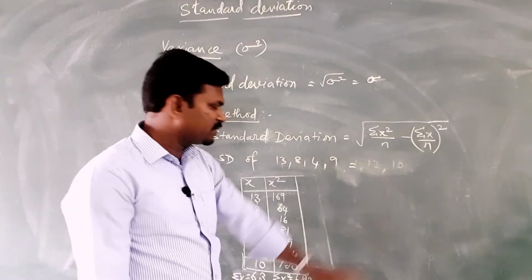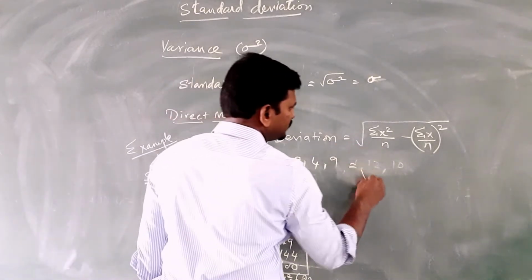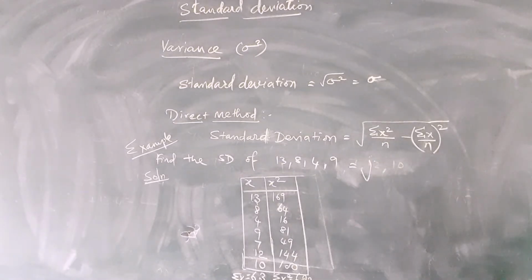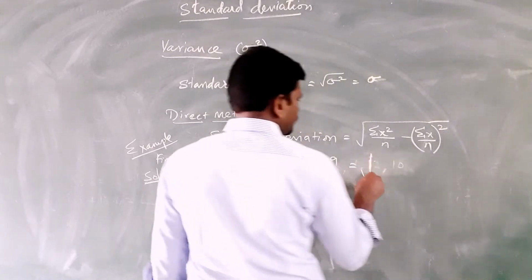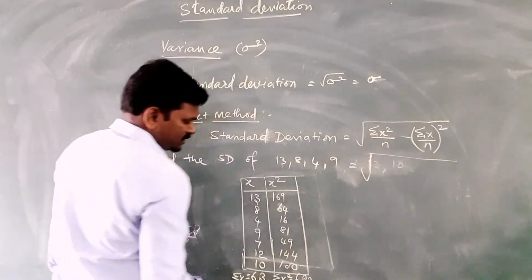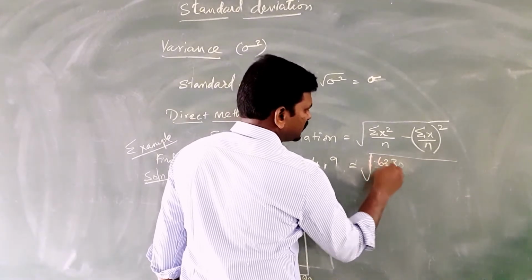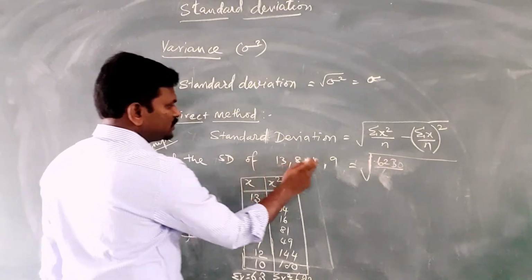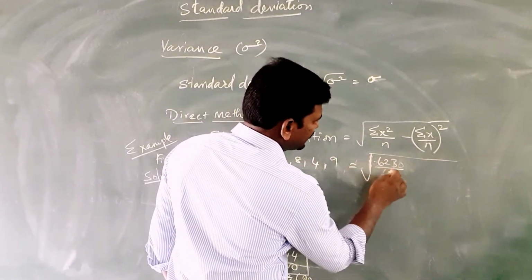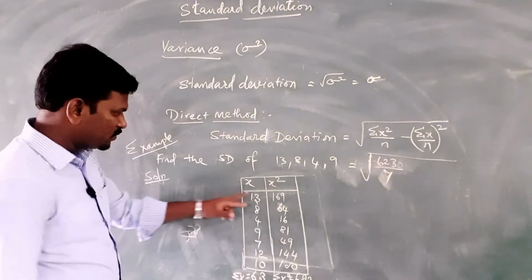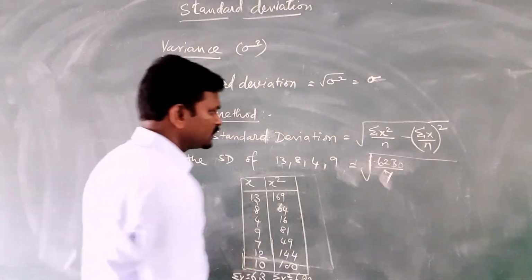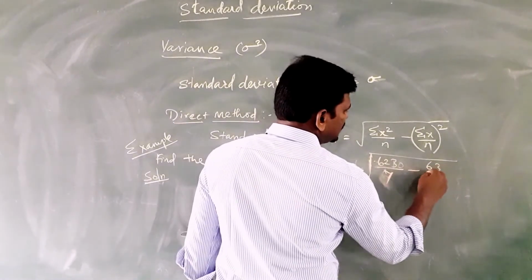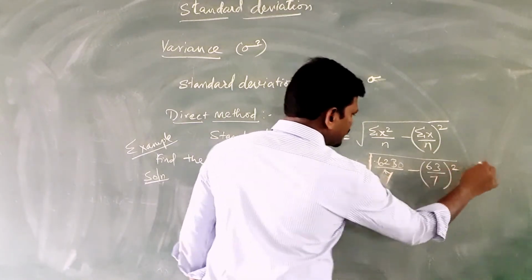So the formula is: summation of x square, 623, divided by n, the number of observations, which is 7, minus summation of x, 63, divided by 7, whole square.